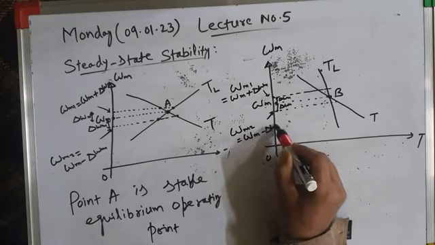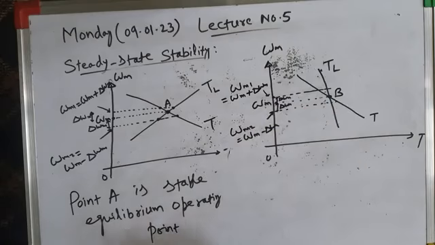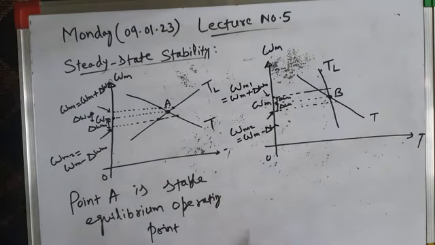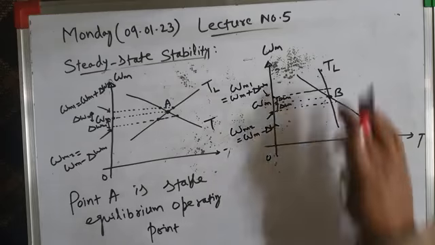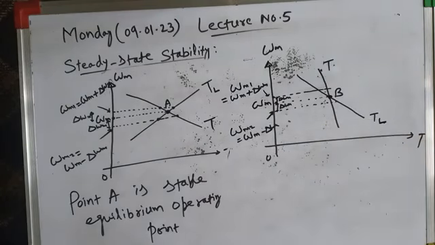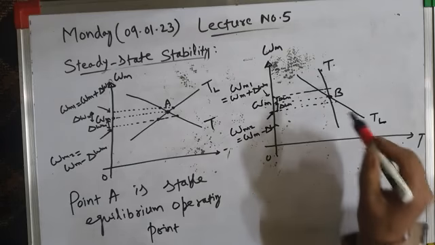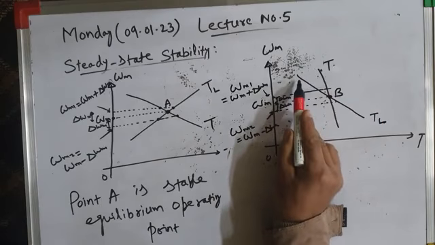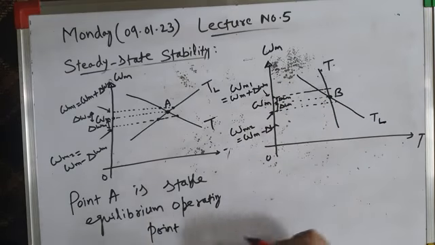Let us take the increment in the speed. The drive speed has temporarily increased due to some perturbation. If point B is the stable operating point, point B will be restored. Let's see whether it is restored or not. Let us suppose this is the motor developed torque speed characteristic, and this is the load torque speed characteristic.